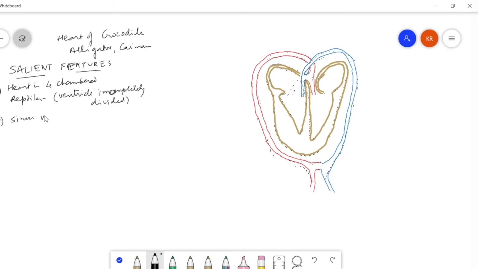Sinus venosus, which was prominent in amphibians, reduced in reptiles, now completely disappears, absent. And instead this gets incorporated in the right auricle as pacemaker.